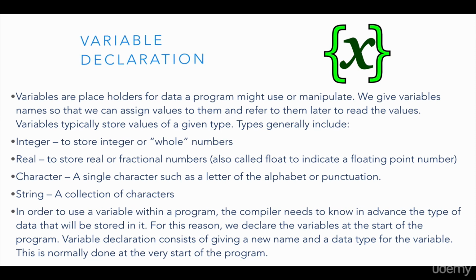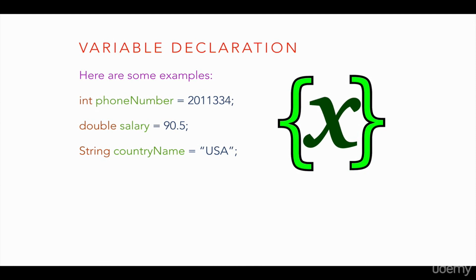Okay, so let's see some examples of declaring and assigning values to these variables. For example, imagine that I want to create an integer variable. The data type is integer, and the name of my variable is phoneNumber. As you can see, the style of writing my variable name, phoneNumber, is called camel case style.